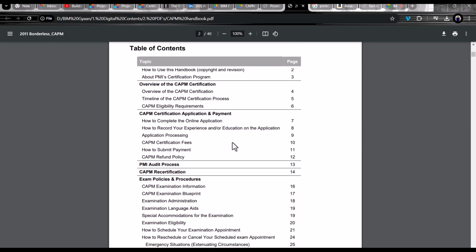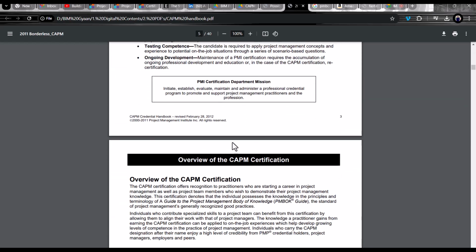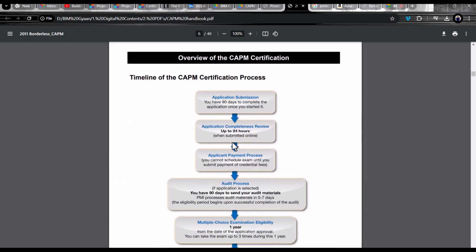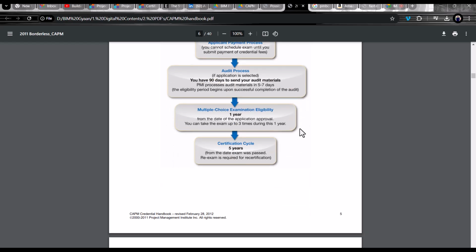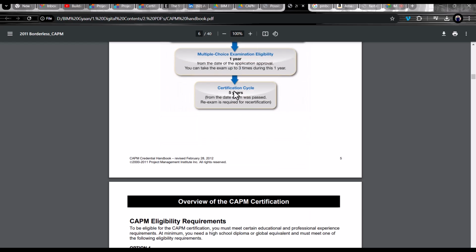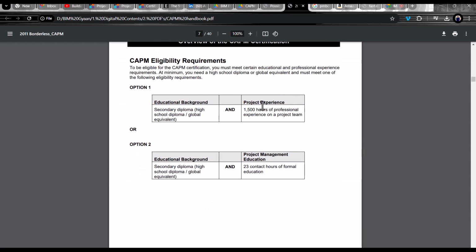Everything is mentioned in this guide. You can use this guide as a handbook to prepare. It covers the audit process, the multiple choice question eligibility, and the certification cycle, which as I mentioned is 5 years in total.